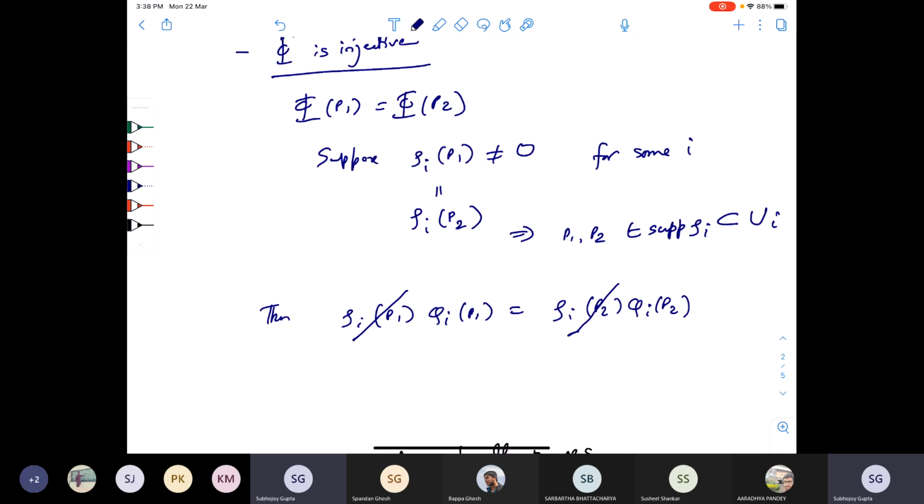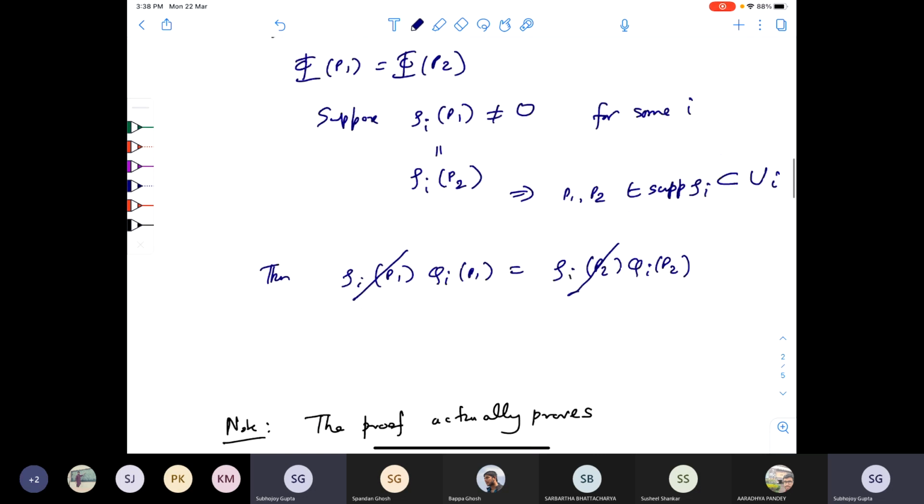This is how we construct a partition of unity. So they're both in the same chart. And so since phi i of P1 equals phi i of P2, this means that P1 equals P2, since phi i is injective.